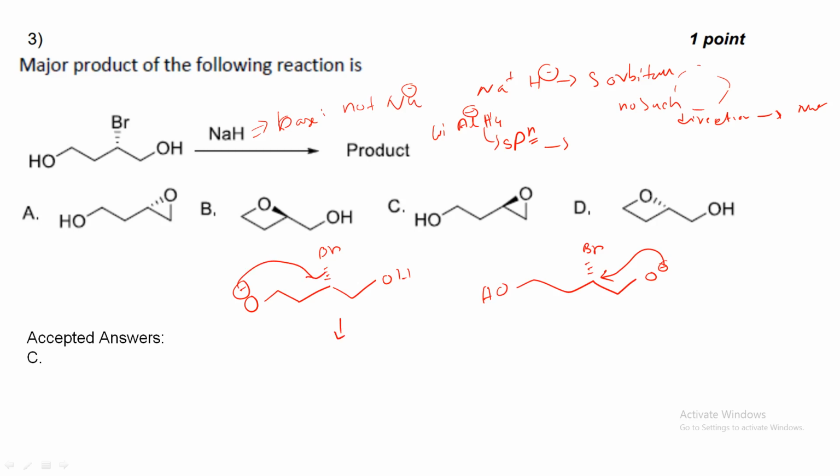In this case, it would form a four-member ring, and as it is an SN2, this O minus would approach from above. And in this case, it would be just an epoxide.